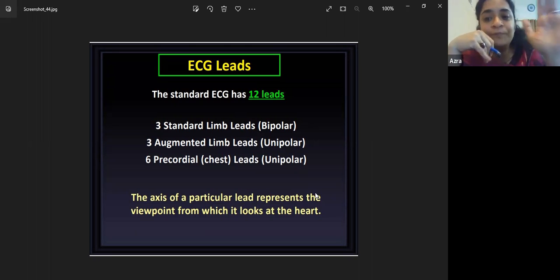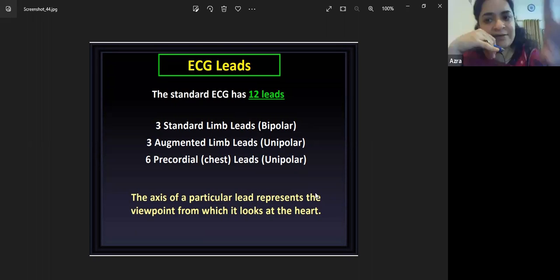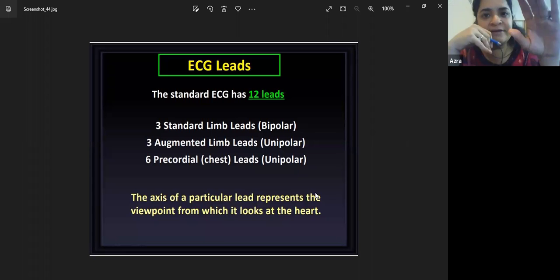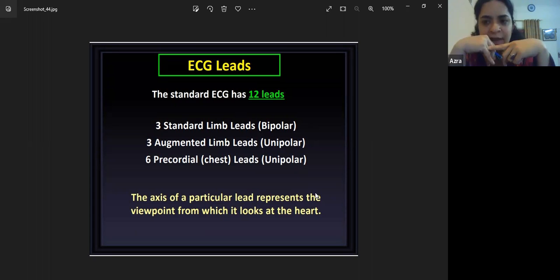You said that there are 10 leads connected, and in the result 12 are shown. When you connect the 10 leads, two of the leads cover or give the result for the remaining 12.